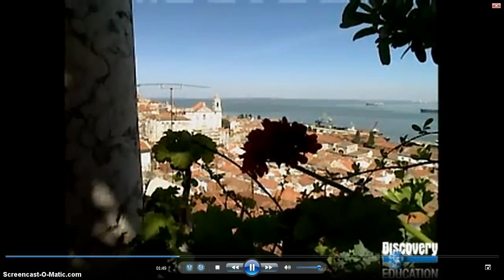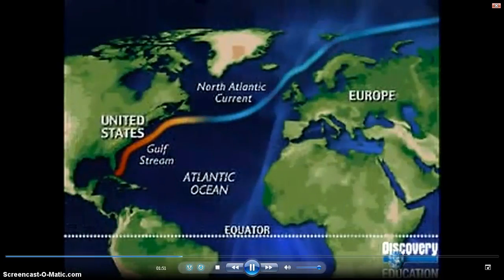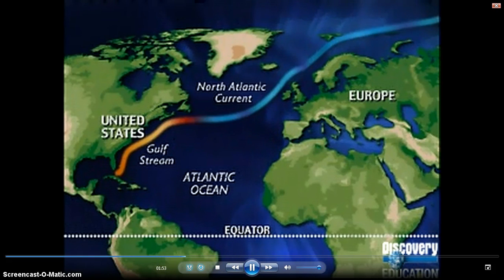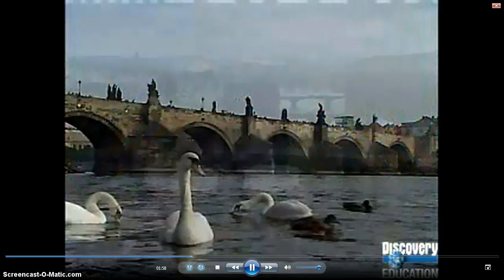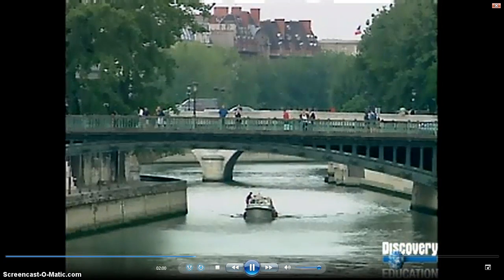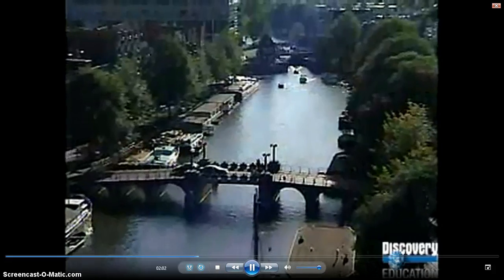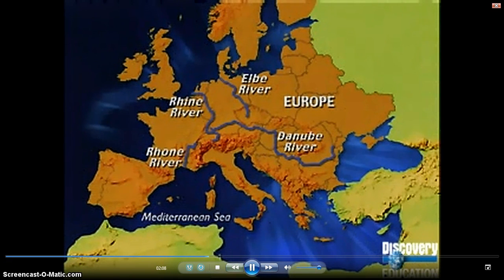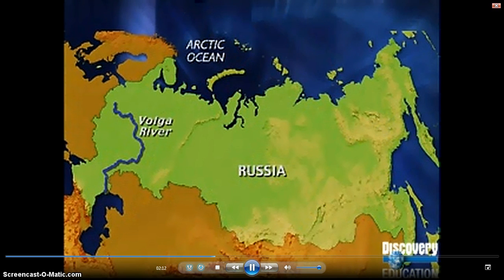And its northern forests offer ample timber resources. The climate is generally mild, in part because the warm Gulf Stream current flows from the Gulf of Mexico and along Europe's western coast. Large rivers course through the continent, providing important channels for transportation and trade. These rivers include the Danube, the Rhine, the Elbe, the Rhone, and Europe's longest river, the Volga.